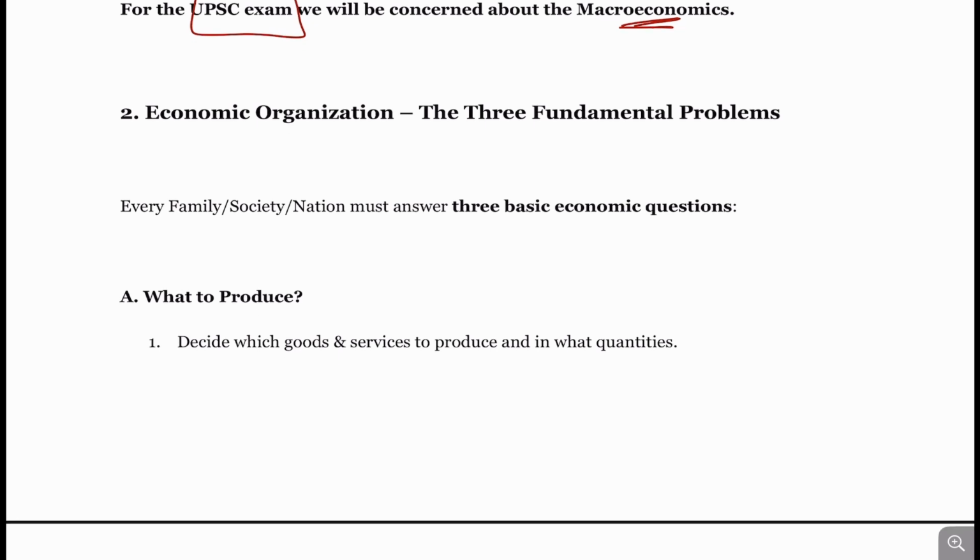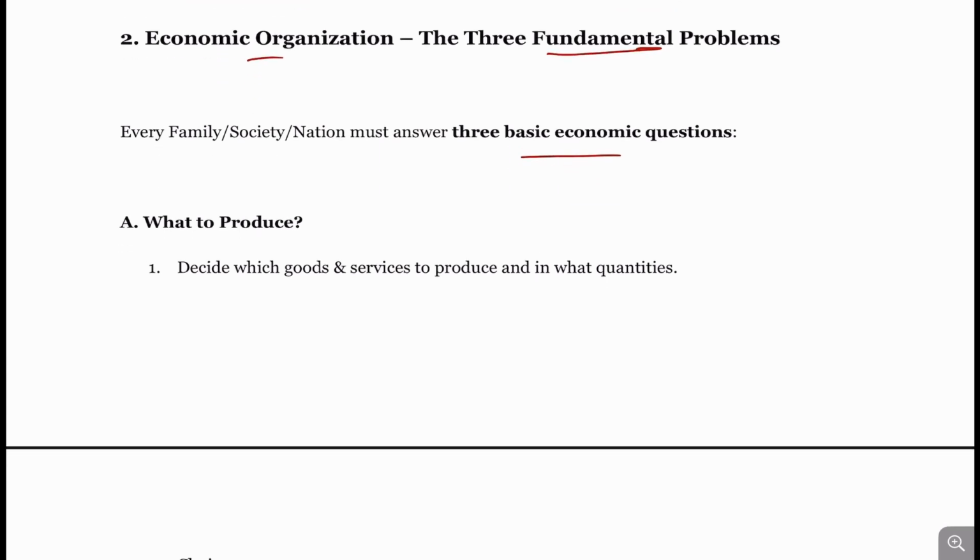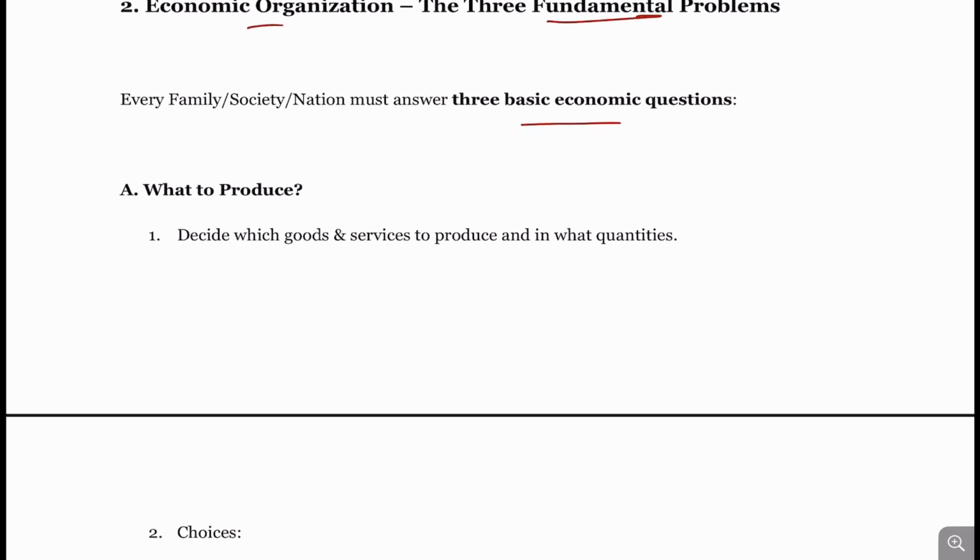So, economic organization: the three fundamental problems. Every economy, every nation, every society, etc., faces three basic questions. What are the three questions that are fundamental to economics? What to produce?